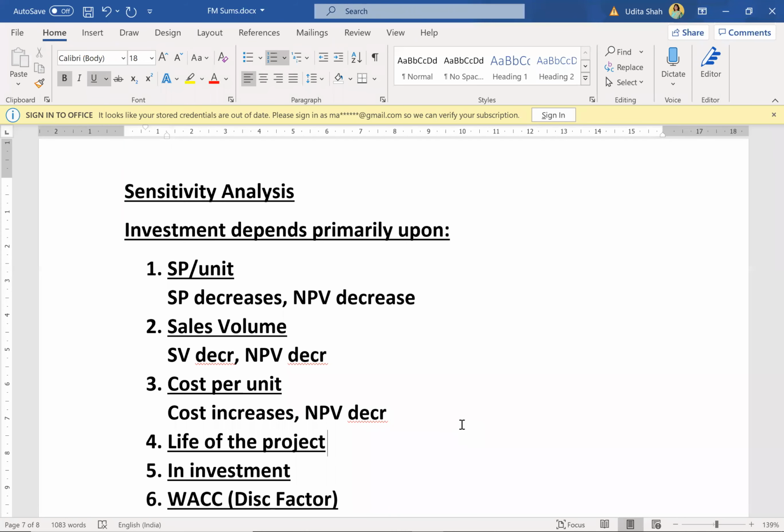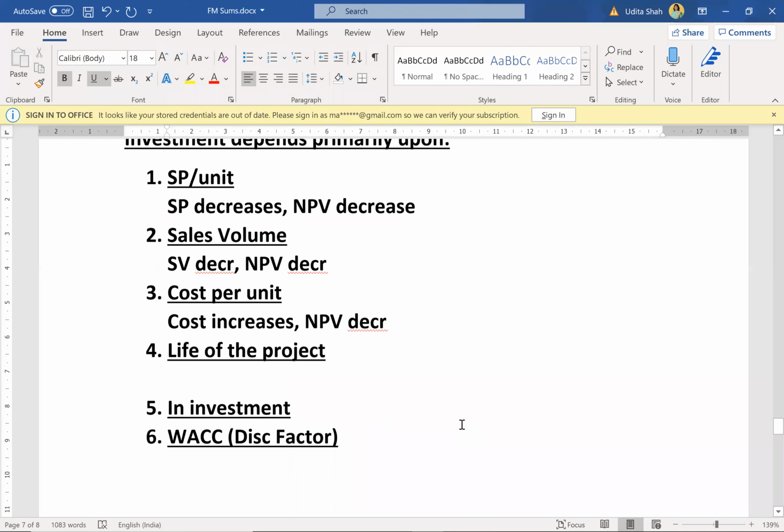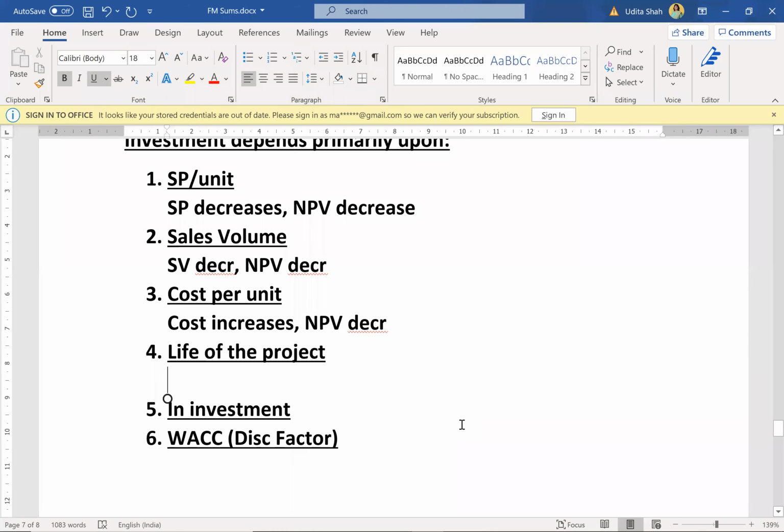Fair enough. Next, life of the project. Do I want life of the project to increase or do I want life of the project to decrease? I want to maximize NPV. So should my life of the project increase or decrease? If I want to maximize NPV, the life of the project should increase, correct?